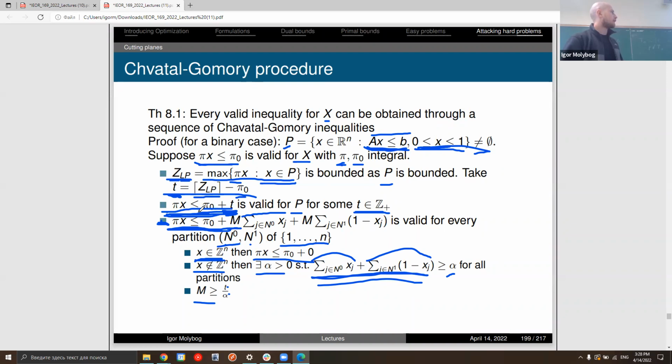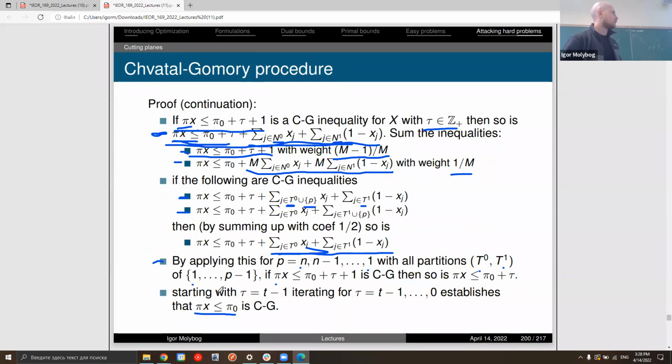And therefore all of the other inequalities all the way to pi x less than or equal to pi 0 can be constructed using the CG procedure. Is that clear?